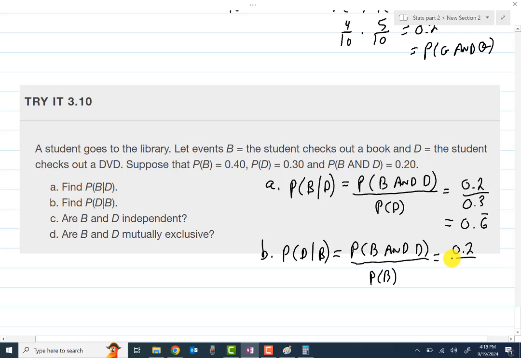The probability of B is 0.4. So this equals 0.5. Well, I've already answered. This answer was no. And are they mutually exclusive? No. How do I know that? Well, because if they were mutually exclusive, that number would have been 0 and not 0.2.